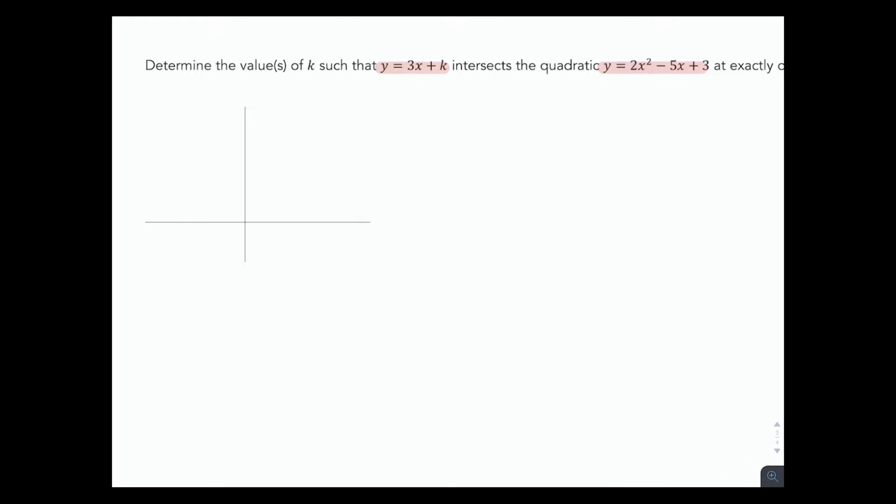For the first equation, you'll notice that the slope is a positive number, so it's kind of steep. It'll be something like this. And my second equation, because I have a positive a value, will be a parabola opening upwards with a y-intercept of 3. It'll be something like this.